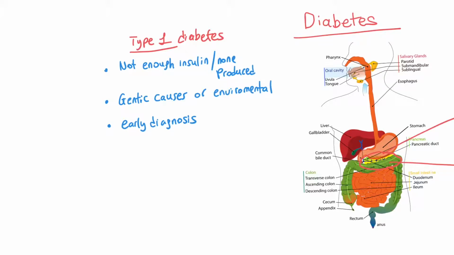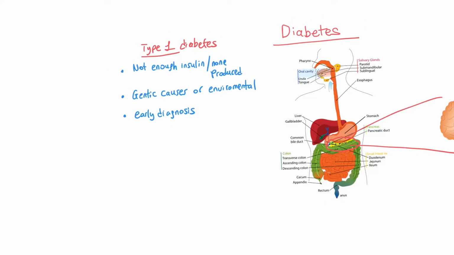The next thing to know is obviously the symptoms. Let's zoom out a little bit. What are the main symptoms? This is something you see very much if you work in a GP practice.